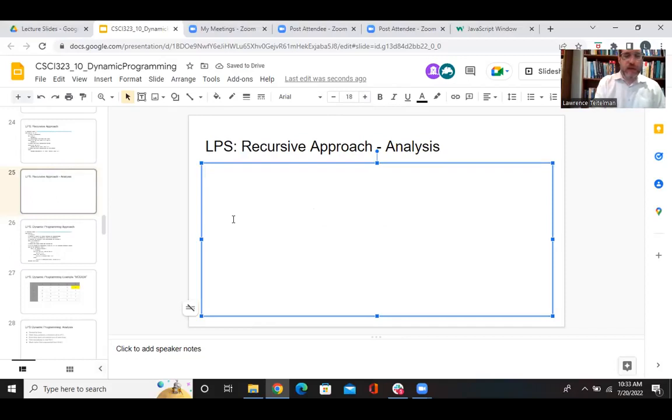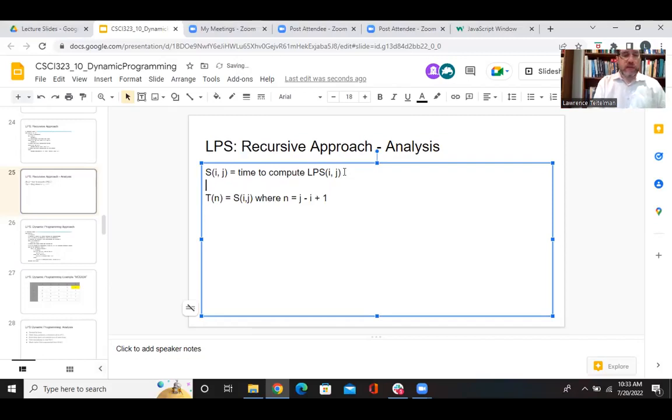So let's say S of I comma j is the time to compute LPS of I comma j. And we're going to let T of n equal S of I comma j, where n is the number of characters. So it's equal to j minus I plus 1.